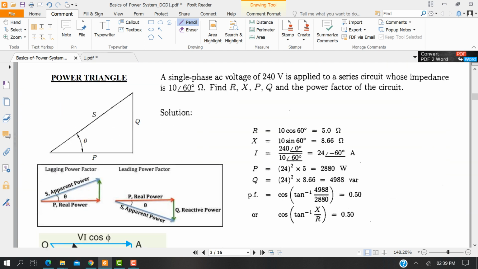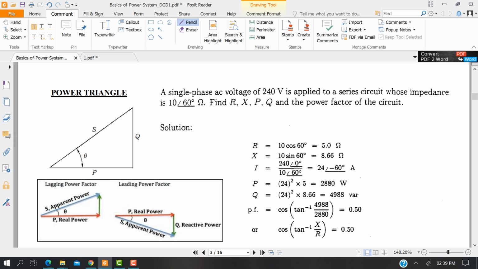Just go down. Now we see a power triangle here. The expression is S equal to P plus jQ. Here we have P and Q, and like Pythagoras there is S, so we can write S equal to the square root of P squared plus Q squared.